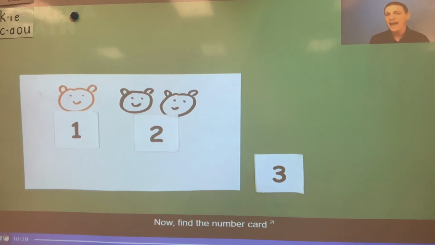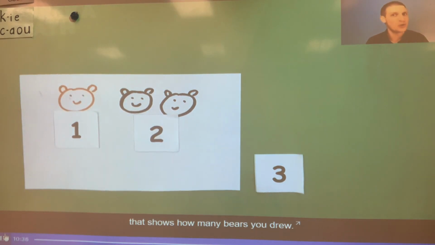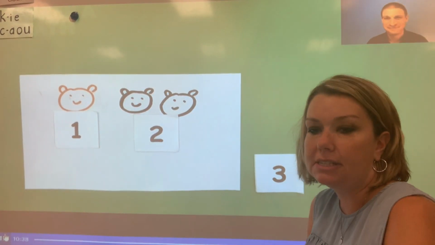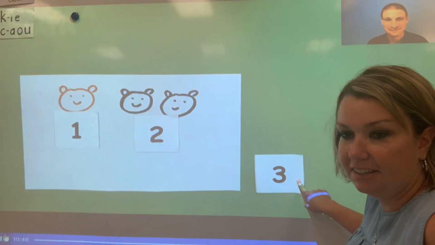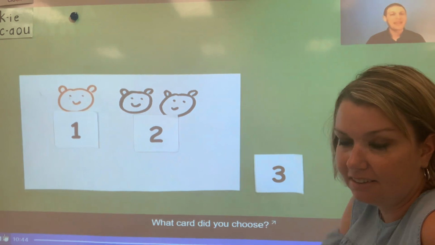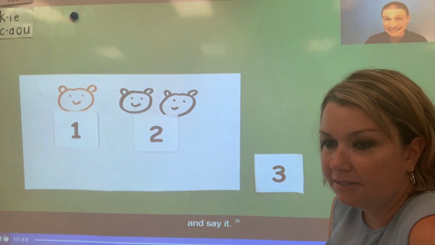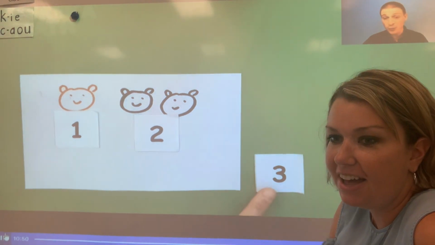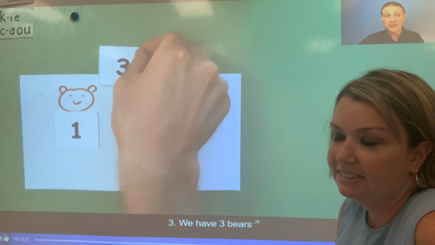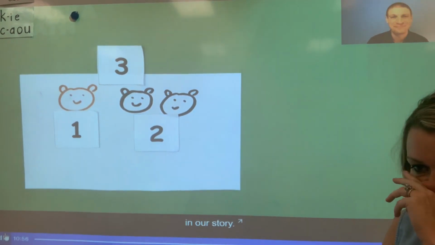Now, find the number card that shows how many bears you drew. Just hold it up. What's left? What card did you choose? Hold up your fingers and say it. Good job. 3. We have 3 bears in our story.